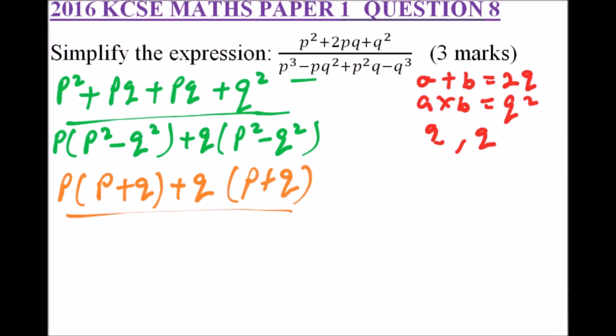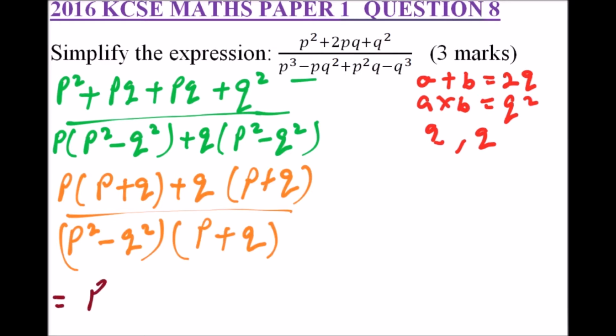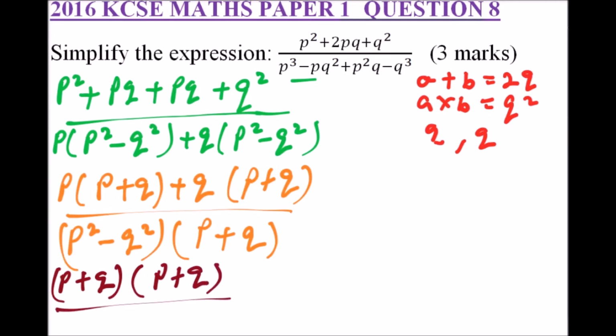So we divide by this other one, we factor out p squared plus q squared. We have, and we will be left with p plus q. So this is equal to p plus q. We factor out p plus q, close the bracket, and we will be left with p plus q, divided by p squared plus q squared.